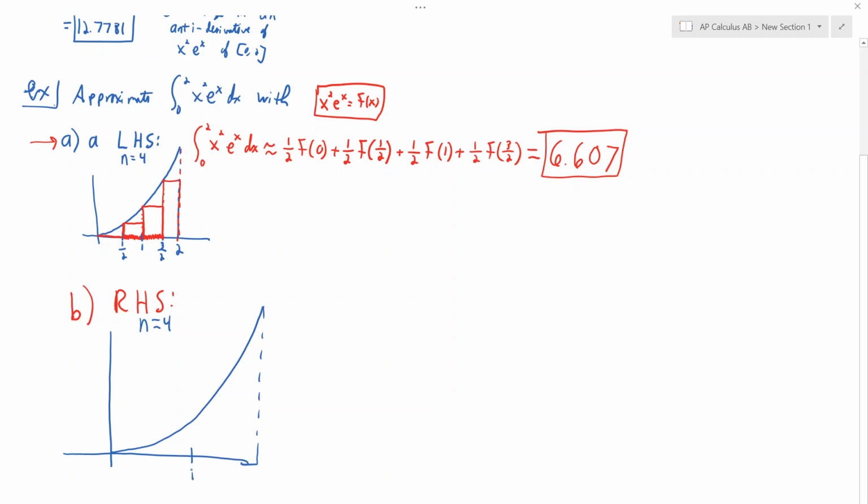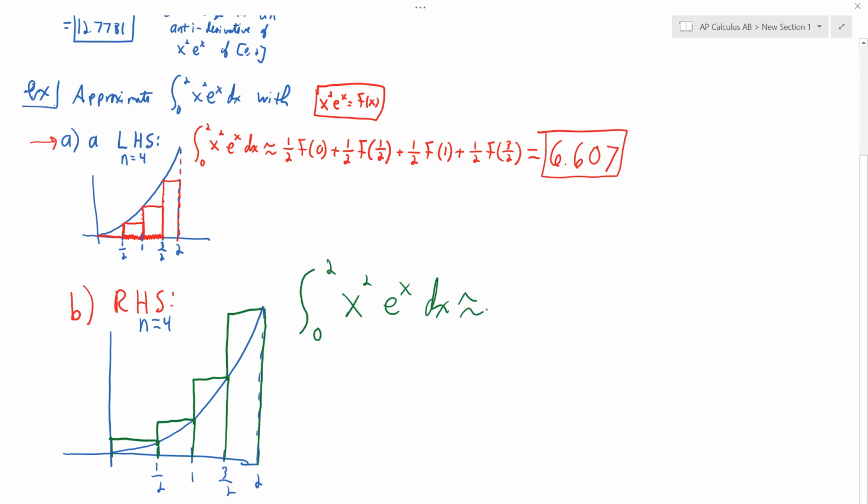No. So my right-hand rectangles are going to look like this. The integral of x squared e to the x dx is approximately equal to.